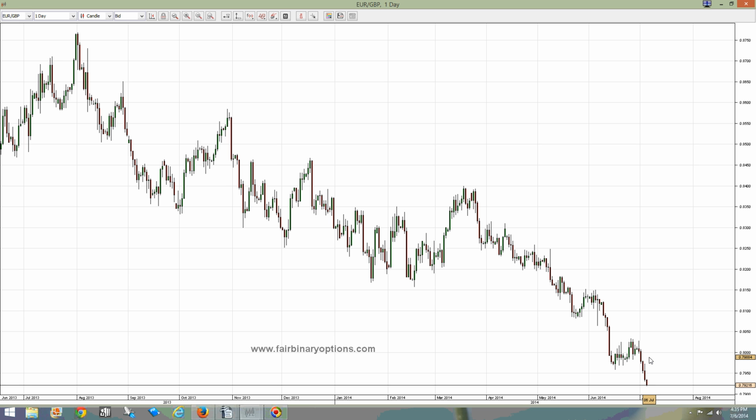It was not necessarily Euro-US dollar weakness or Euro weakness, because the Euro-US dollar actually moved to the upside at the beginning of the week, and only on Thursday and Friday retraced a bit. The whole move here was a Great Britain pound story, because we had those rate hike expectations, and those rate hike expectations are not going away anytime soon.